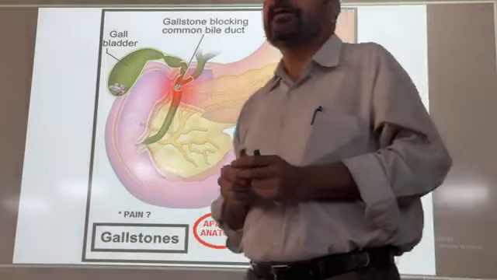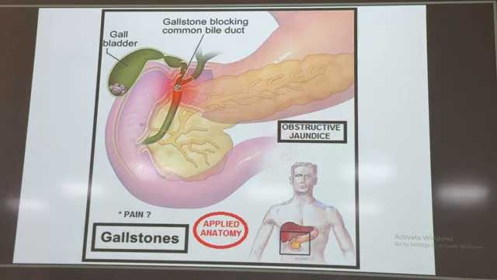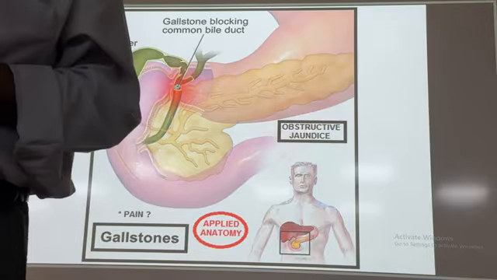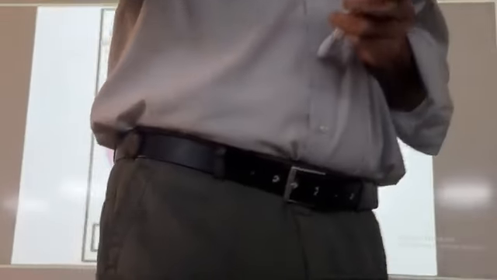Small stones are bad or big stones in gallbladder? Big. Very good. Why? Can cause obstruction. Small stones are good or big stones are good for gallbladder? Neither are good, but small are less bad. Yes, both of them are bad.